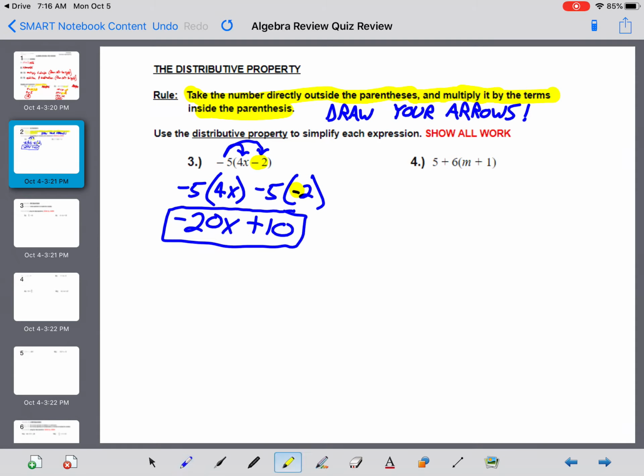Okay, for number 4, you have 2 numbers outside parentheses. Remember, you take the one directly outside, which in this case would be 6. So bring down that 5 plus because you are not using it yet. 6 times m and 6 times 1.